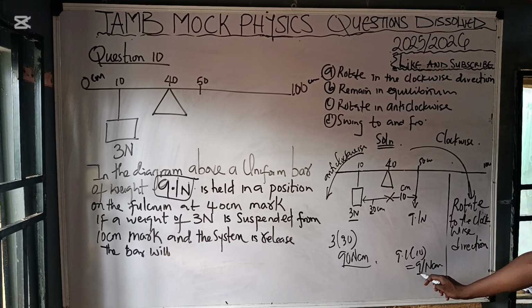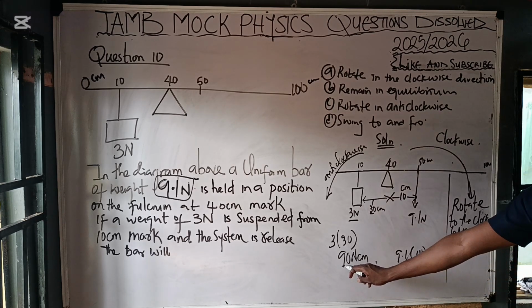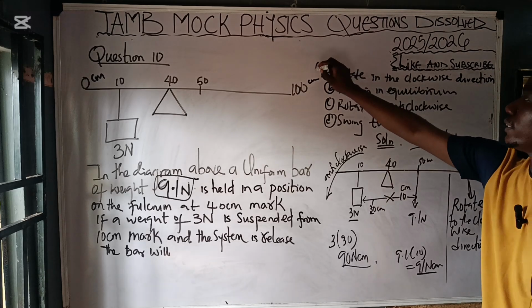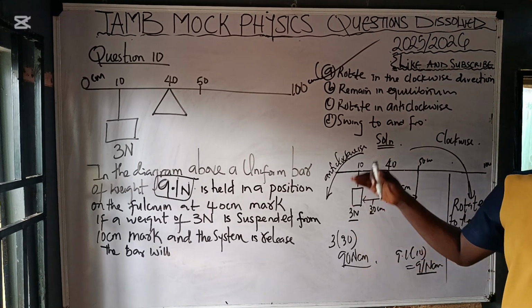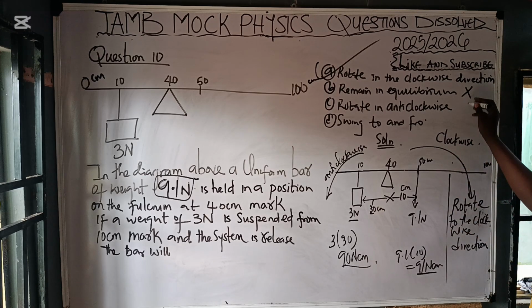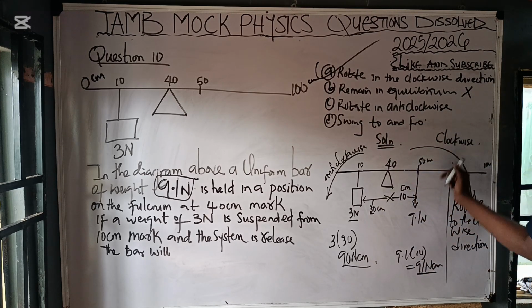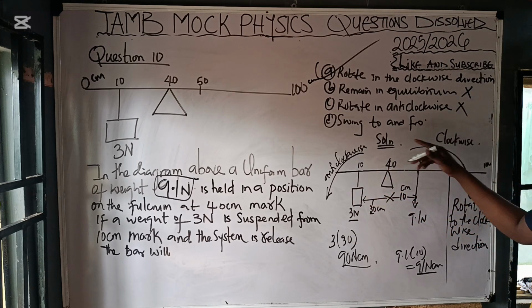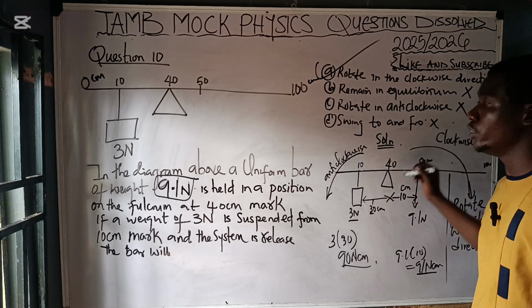The clockwise moment is 91, the anti-clockwise is 90. So the option that says rotate in the clockwise direction is the answer. It will remain in equilibrium if both of them are the same, so B is not the answer. It will rotate towards the anti-clockwise if the anti-clockwise is greater than the clockwise, so C is not the answer. Neither is D the answer.